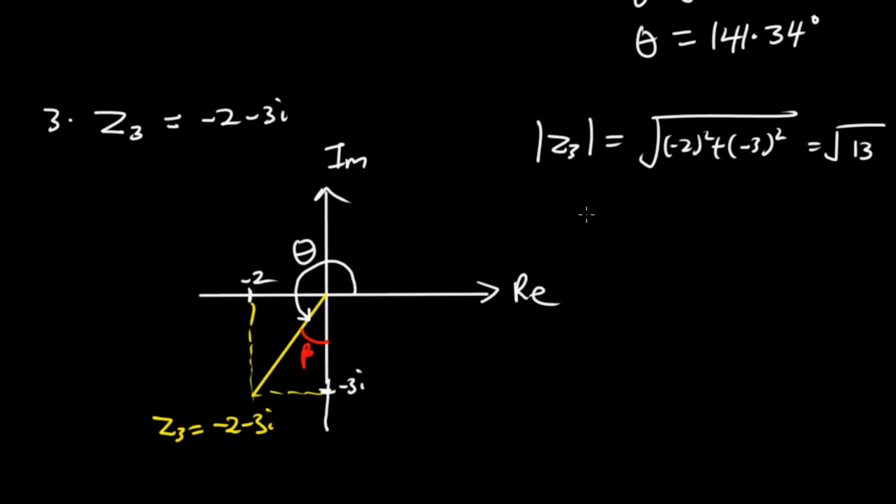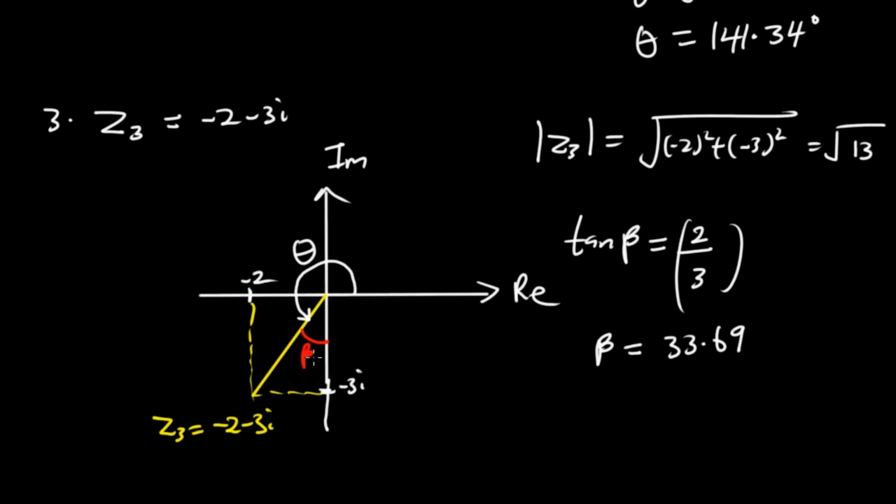So I can say that tan beta equals the opposite, which is in this case 2, over the adjacent, which in this case is 3. Don't forget to neglect the negative number. Then we have beta equal to 33.69. So we now have beta to be 33.69.